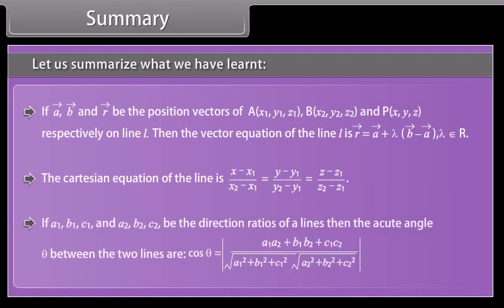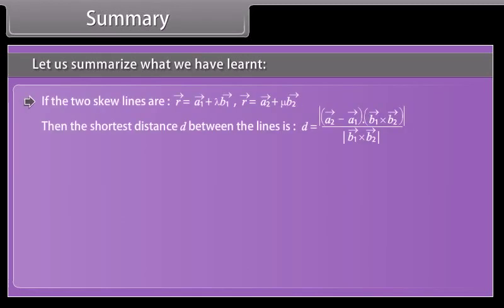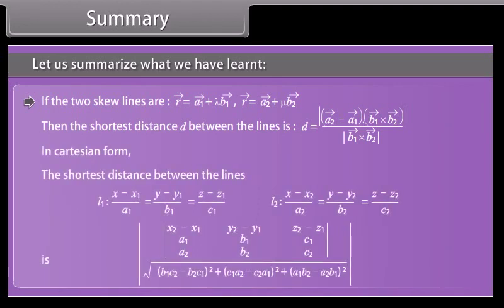If a1, b1, c1 and a2, b2, c2 are the direction ratios of two lines, then the acute angle theta between the two lines is given by the following. If the two lines are skew, then the shortest distance d between the lines is given, in Cartesian form, the shortest distance between the lines is the following.